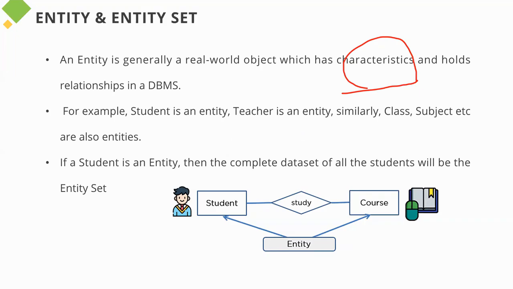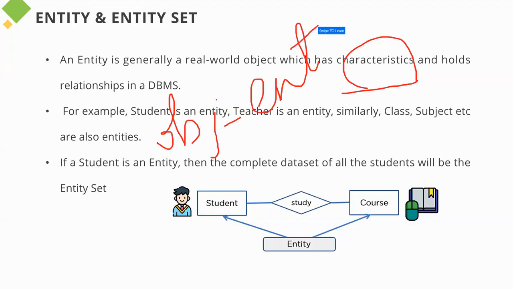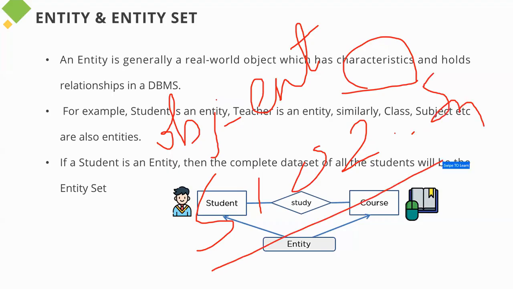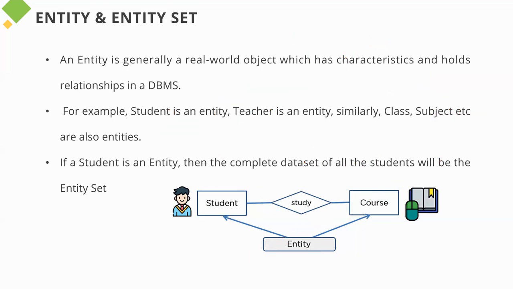If you think of a class, that is called an entity, and all the objects of that class you create are the entities. Say student is an entity, then S1, S2, and so on to Sn are the students. This complete data set of all the students is called an entity set.